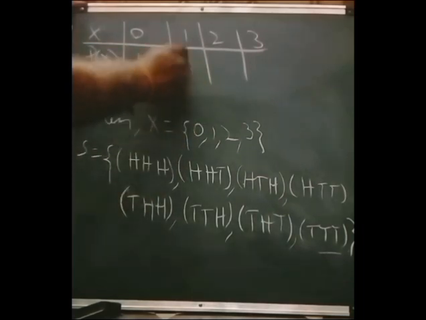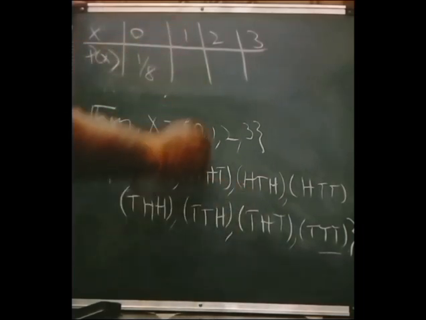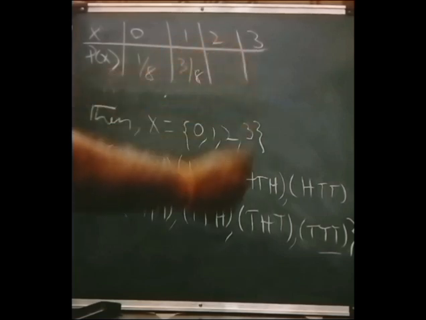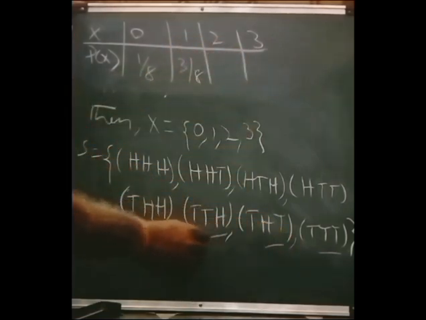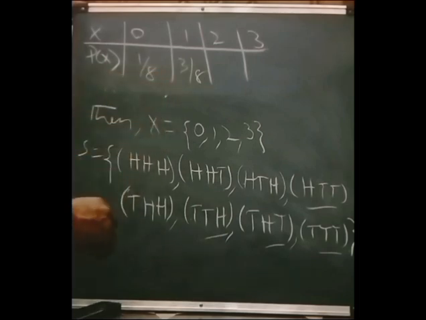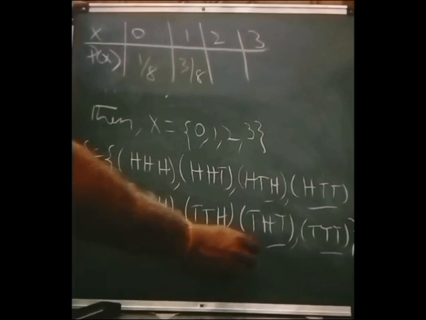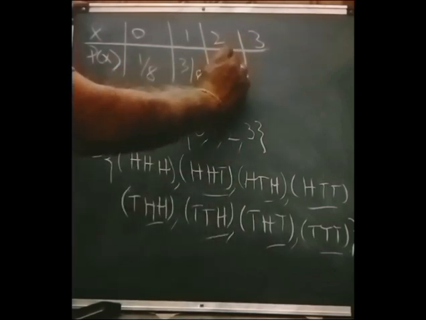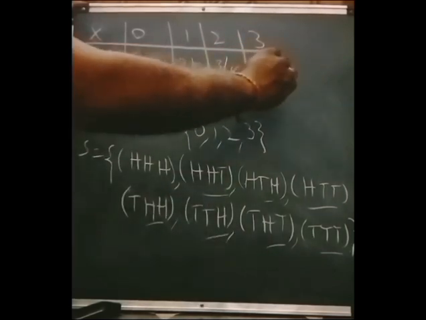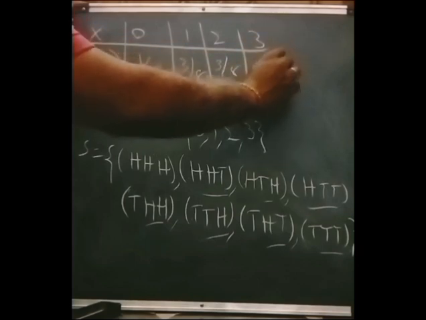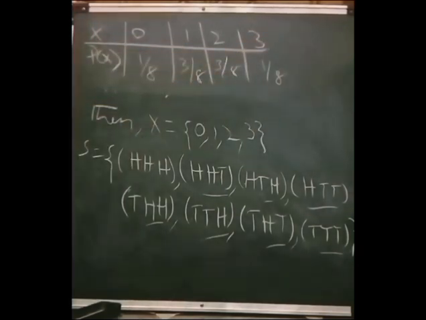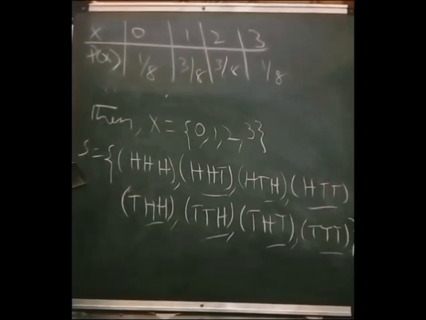In the same way, getting only one head is 3 by 8, getting 2 heads is also 3 by 8, and getting all heads we have only one case out of 8. So this is what we call a probability distribution table for this discrete random variable x, representing getting heads in an experiment of tossing a coin.